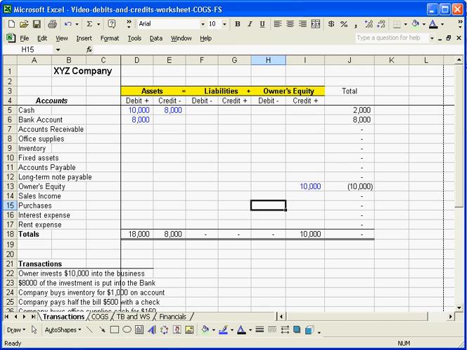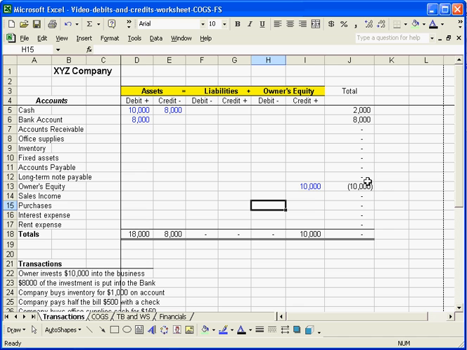Basically, your revenue account, which is the income, and the expense accounts, purchases, interest, rent expense, eventually, when you calculate the difference to see whether or not the company had a profit or a loss, these are going to come back into the owner's equity account. So rather than having a separate income column and a separate expense column, we're going to put everything into this account here, and you're going to see when we look at the other worksheets how they all come together.